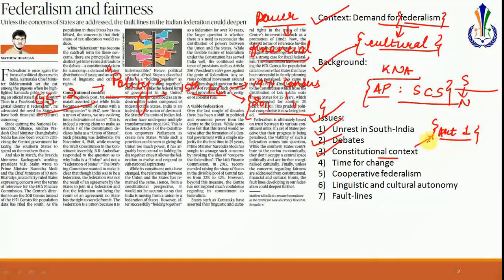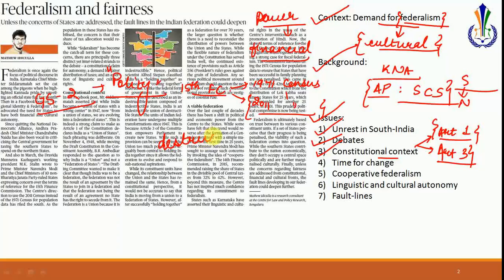Another important analysis here is with regards to Article 3 of the Constitution, and this is again an important article. This article gives the centre all powers of destroying states, or for that matter making new states. So the statement that is given to describe Article 3 is that India is an indestructible union of destructible states.